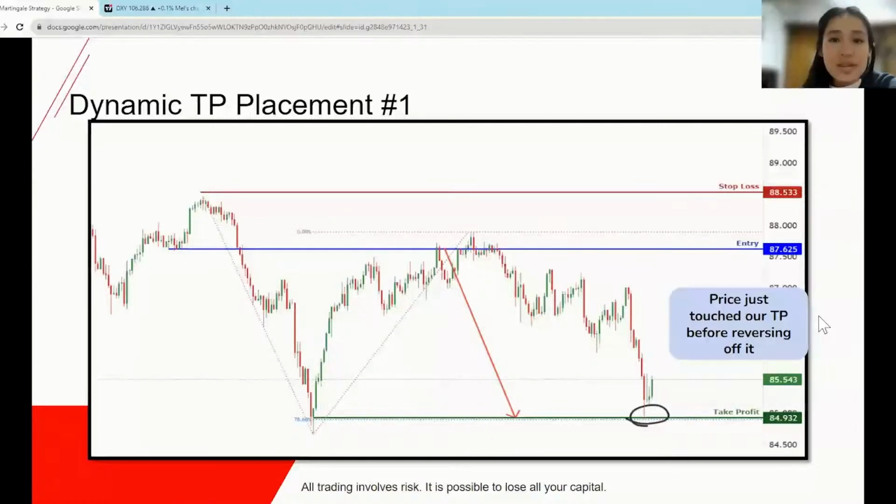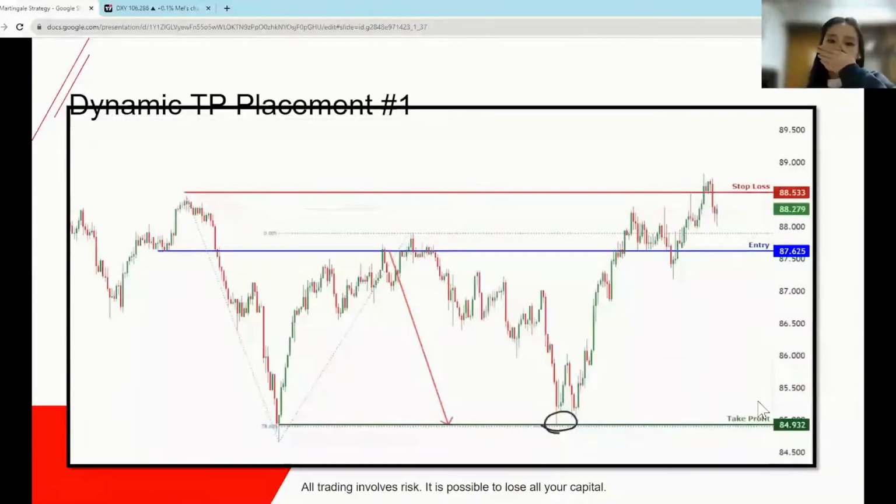So I was able to catch it before it reversed off. And luckily I did, because after that it reversed off of the take profit and rose steadily to our stop loss. So can you imagine if I placed my take profit below instead of above our confluence area, I would have missed it and I would have been stopped out.